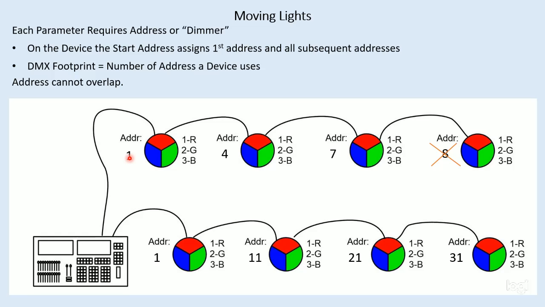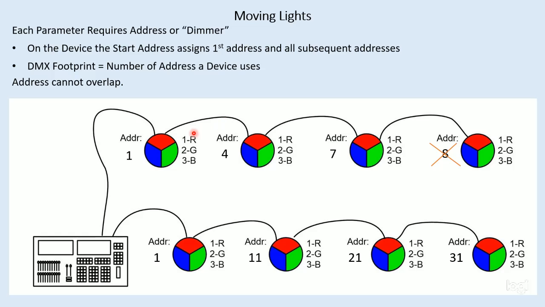It will assume, and you can't alter it, that address 2 is going to be green and address 3 is going to be blue. That means this device has a DMX footprint, the number of DMX addresses that it needs, of 3. So there's going to be 3 addresses for each.